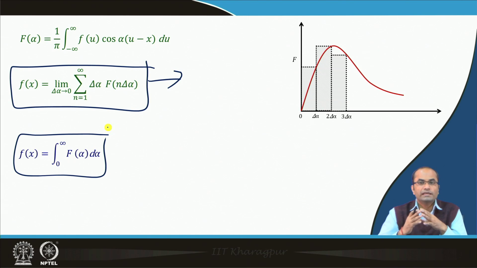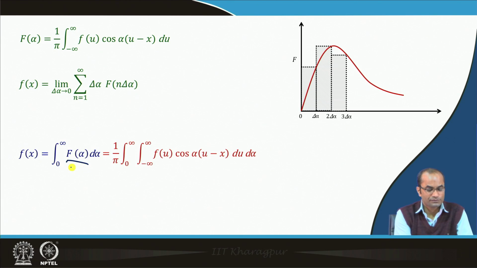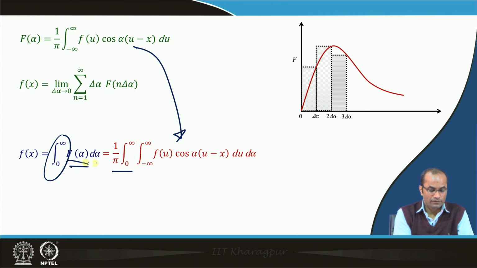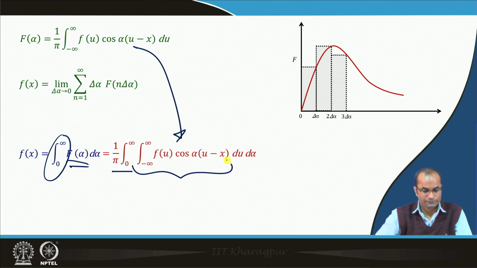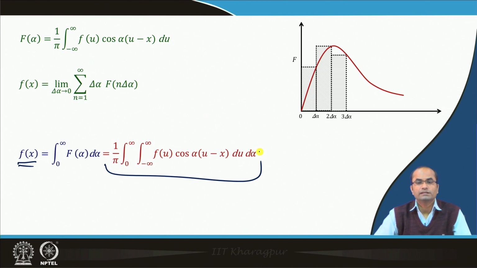So, now again we can substitute this f alpha back into this integral. So, we have 1 over pi, 0 to infinity, the first integral, then for f alpha we have this integral. So, this is the representation of f x in terms of the integral.